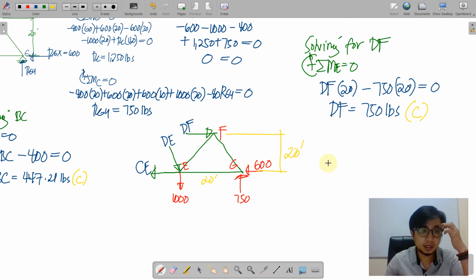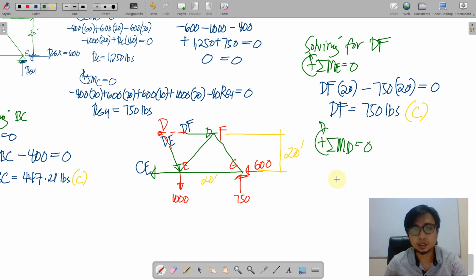Okay, so finally, we now proceed to the last unknown, that is CE. Solving CE, we just have to find the intersection between DE and DF and take moments at that point, and that point is obviously point D. So summing up moments at D, we have a counterclockwise moment CE plus this 1000 times moment arm of 10.